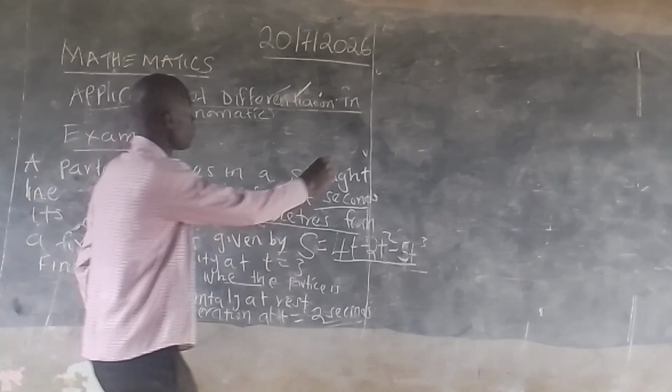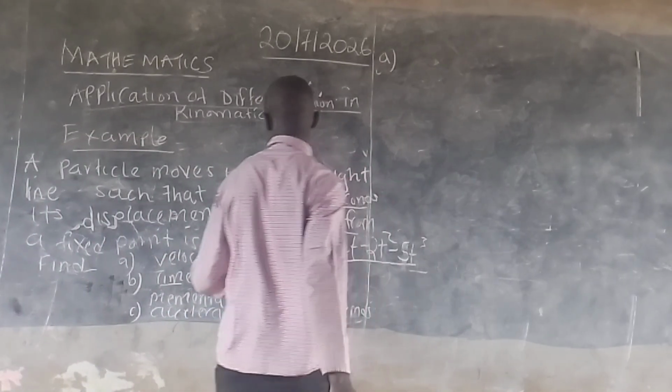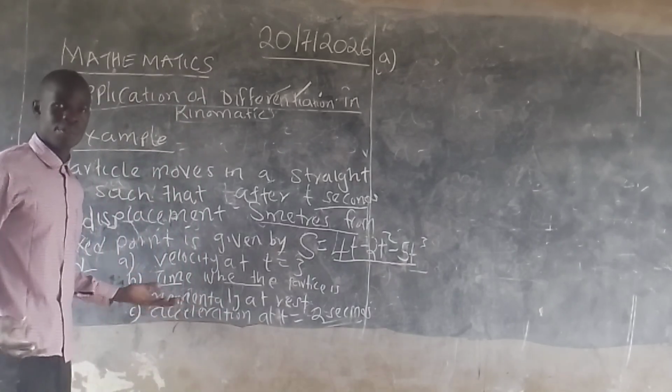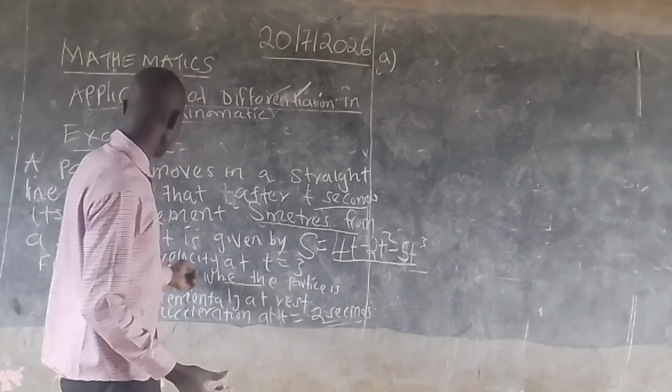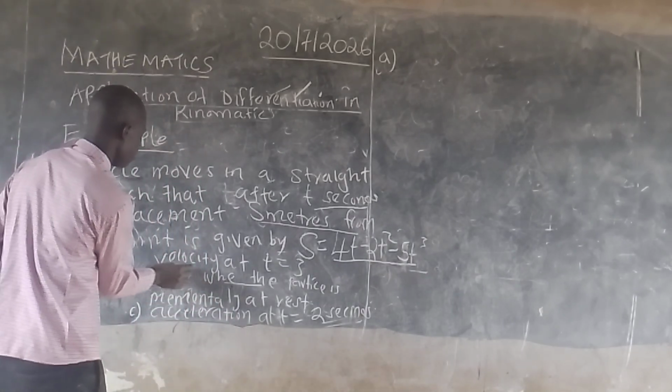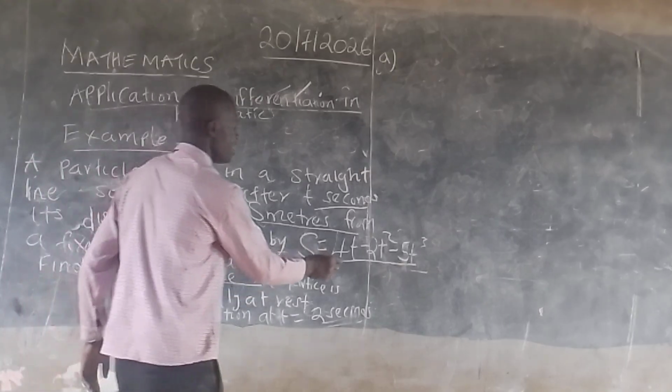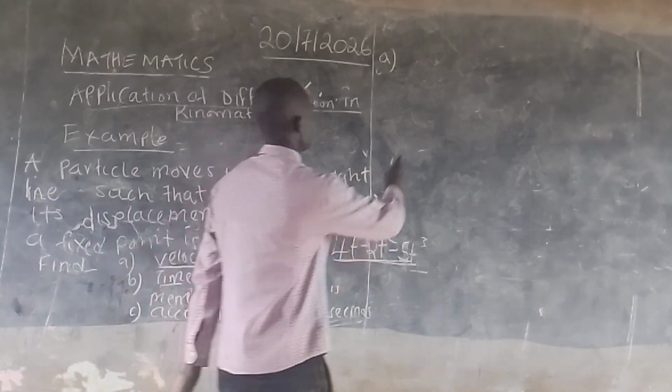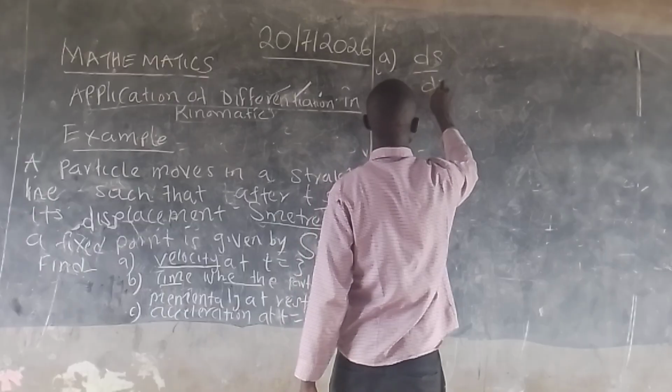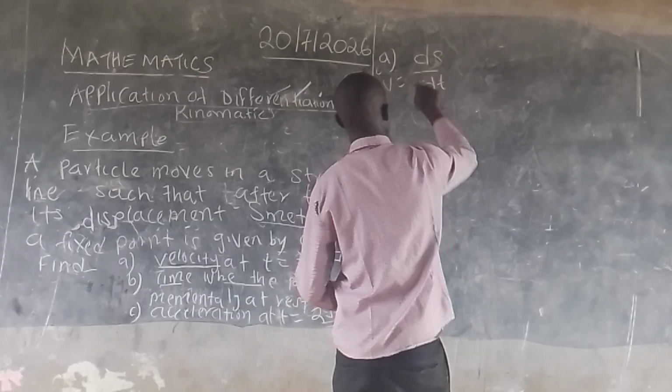So part A is asking us to get the velocity, and this is very simple. We have been doing this. If we want to get the velocity, we first get the velocity equation by differentiating the displacement equation. Velocity is given by ds/dt.